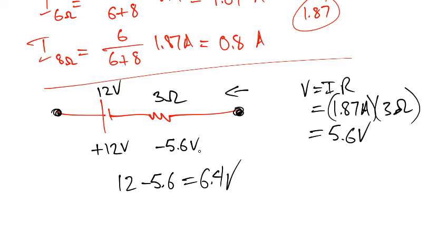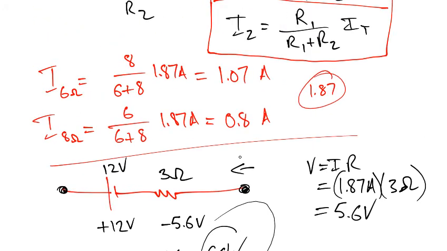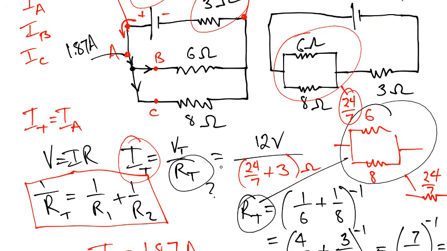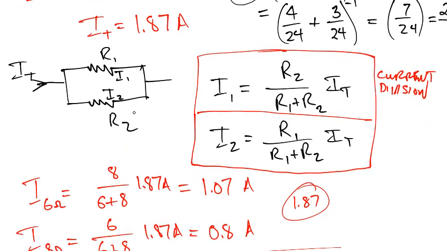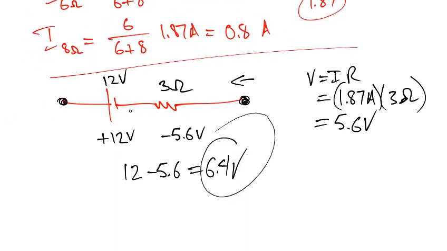Aha! Now that we know this is 6.4 volts, when we look at this way up here, we also know that there's a 6.4 drop across this resistor and a 6.4 drop across that resistor. Let's see if we can now figure out what currents B and C are.